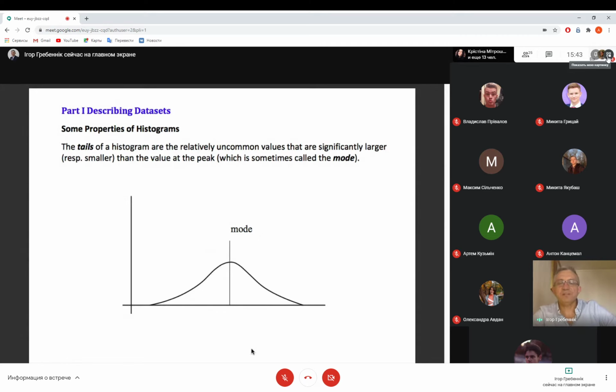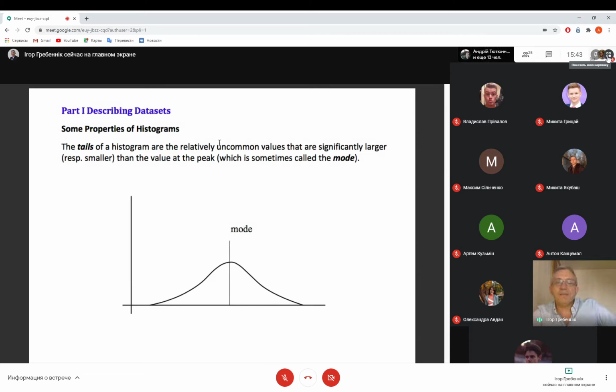This is a very typical picture of a histogram, or maybe a histogram with a very large number of bars. We will deal with a similar shape of histogram during the whole course. What do the tails of a histogram mean? The tails are here.